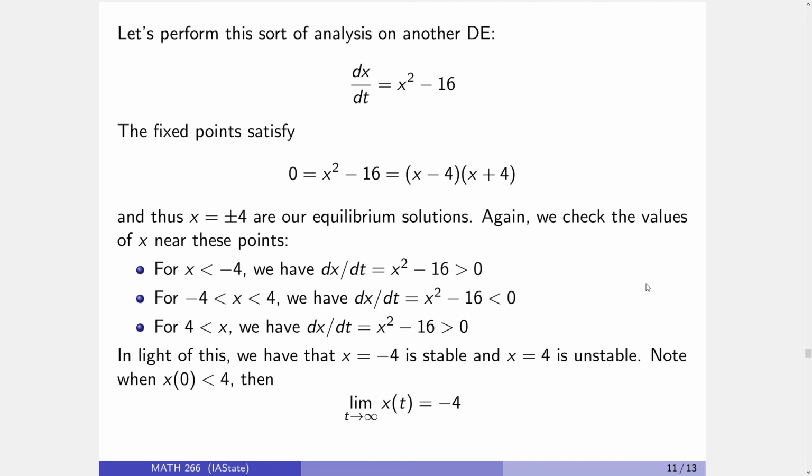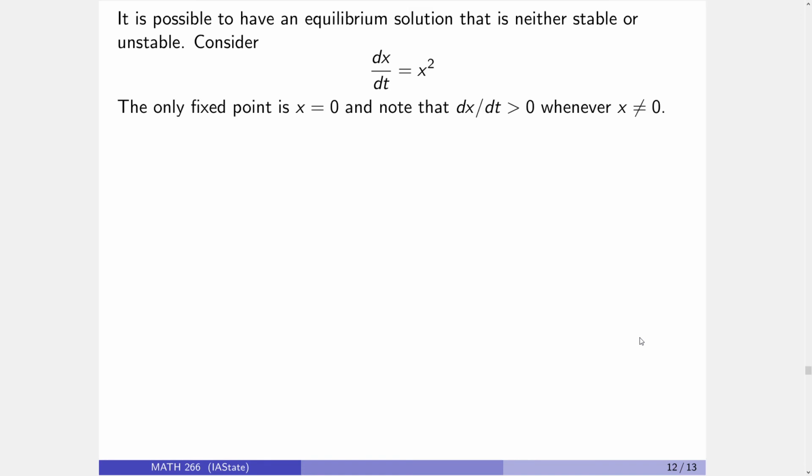Okay, so something that we've seen here are equilibrium solutions that are stable and unstable. It's worth noting that it's possible to get equilibrium solutions that are neither. It's really easy to cheese this, because you just take something where the sign on the right-hand side is not going to change.